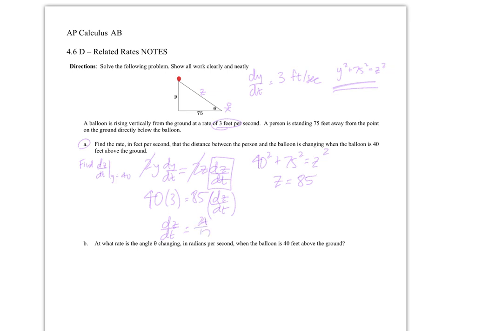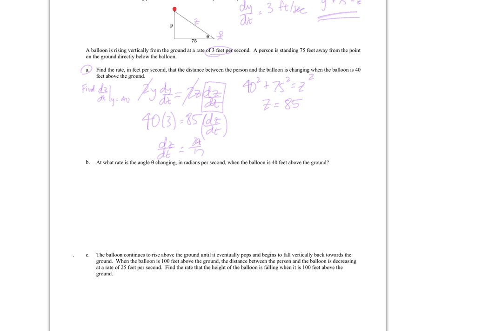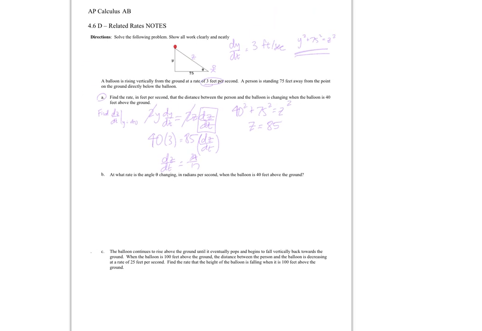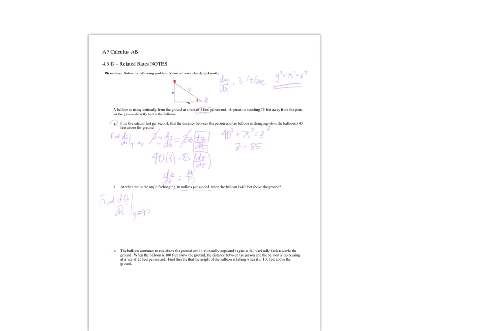Okay, next. At what rate is the angle changing? There is an angle that is changing in radians per second. So I'm finding d theta/dt when the balloon is 40 feet above the ground. So again, when y is 40. What I need is some sort of an equation.